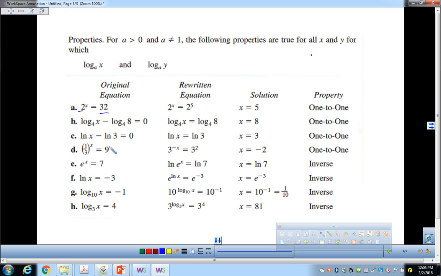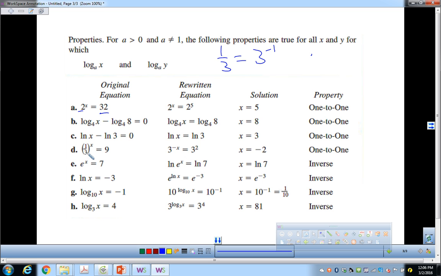This one's a little bit trickier, okay? Because you can do it this way. What they did is they wrote 1/3. They recognized that these are both powers of 3. 1/3 can be written as 3 to the negative 1 power. Do you agree with me there?